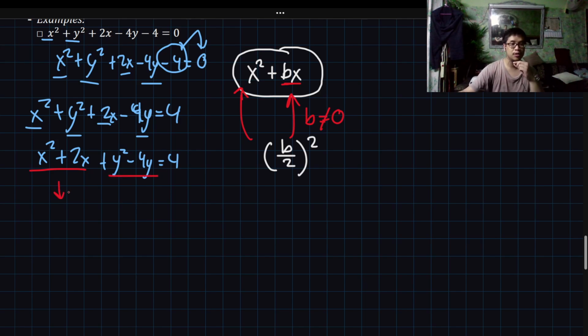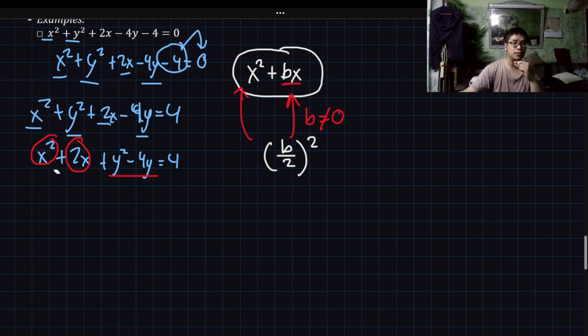Again, the first step, make sure that the form has a second degree term, a squared term, and the coefficient of the squared term is not visible, meaning there's no number beside the squared. So here we have x squared, so okay. Next, it has a first degree term, which is 2x. A first degree term is basically just an x, nothing more, nothing less.